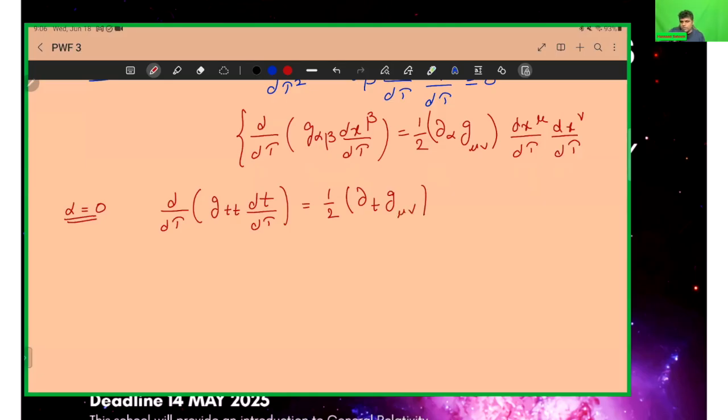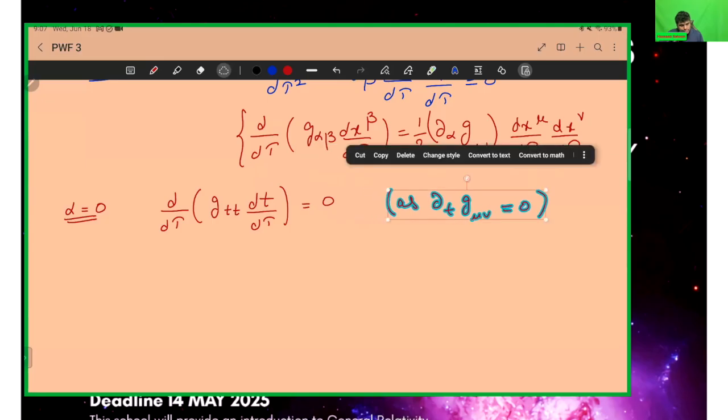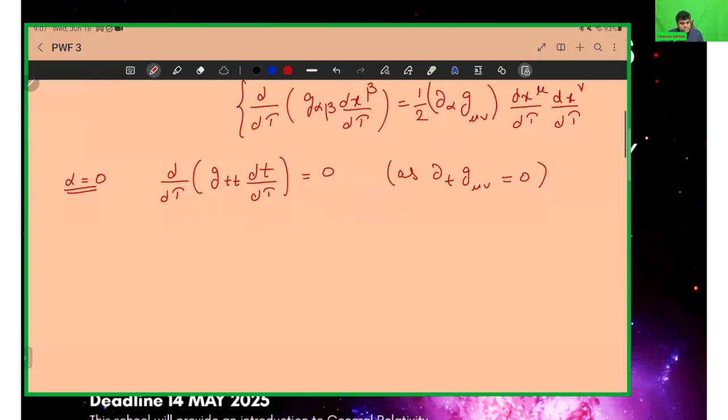But we do know that for Schwarzschild geometry, the time derivative of any metric component is 0. So this side will be 0. This is the first geodesic equation that we get for the Schwarzschild solution.